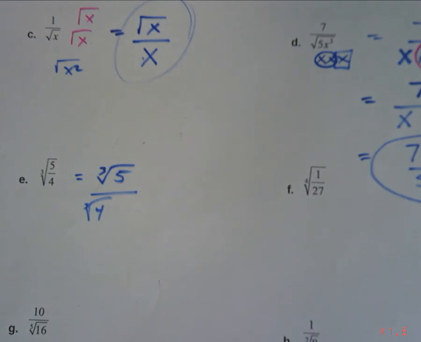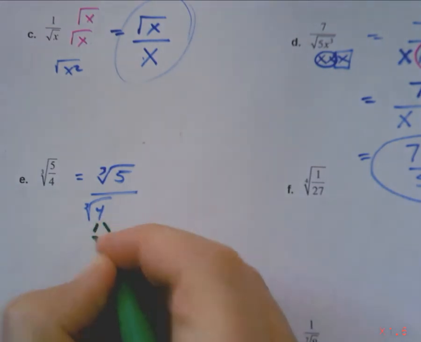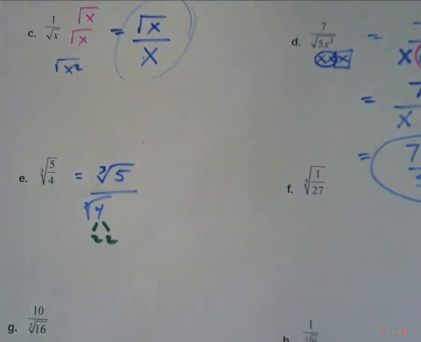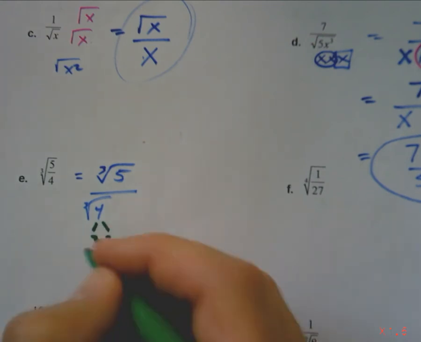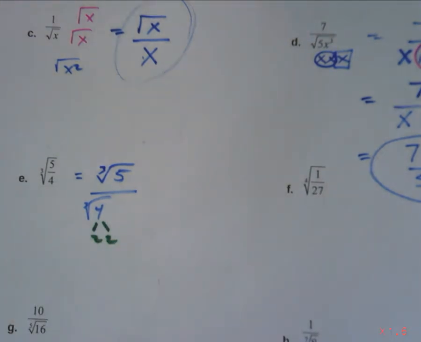Think about 4. If I broke down 4, do you agree that's like 2 and 2? Well, I don't have enough 2s to get rid of that. How many more 2s do you need? Just 1. You just need 1 more 2.